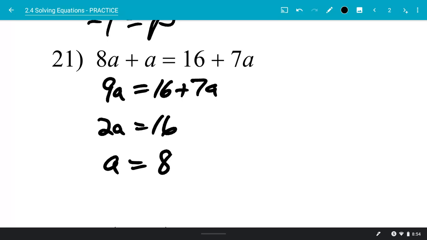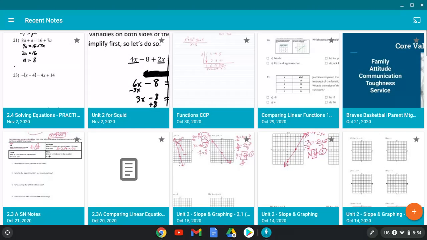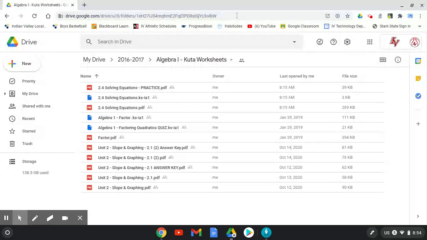Questions, comments, concerns. You have a sheet on your Google Classroom. Okay? You have a page on your Google Classroom. You're doing all of those questions. All of them. Pull it up. You're copying them down anyhow.